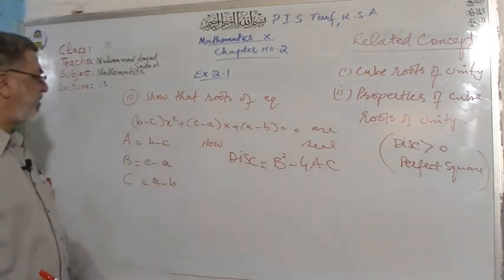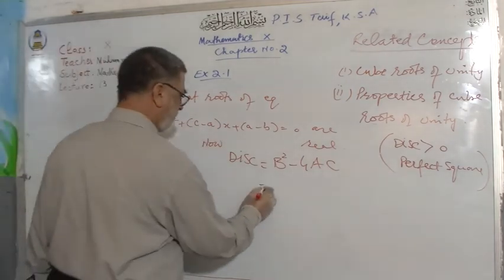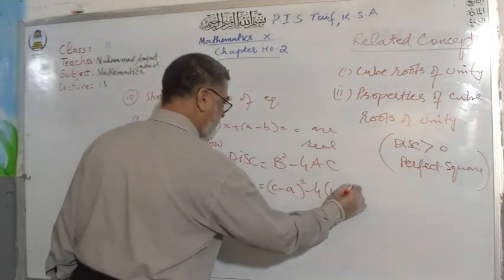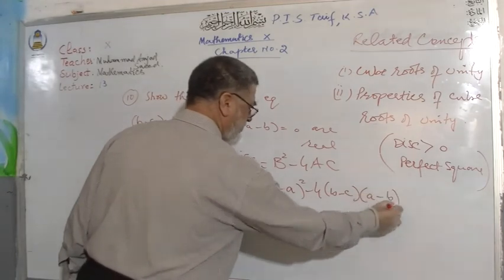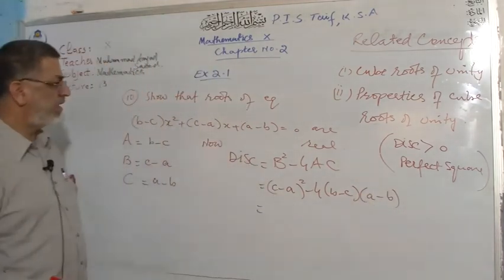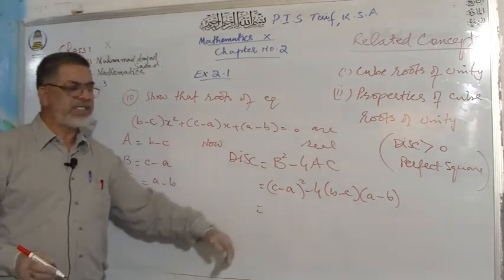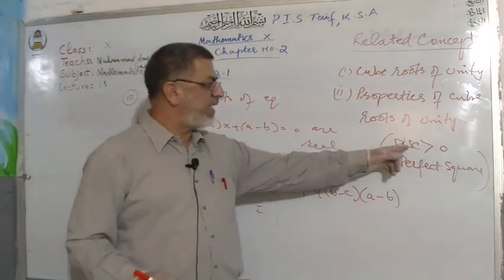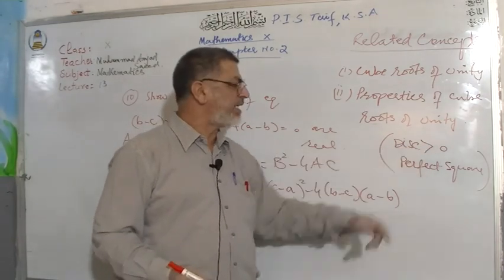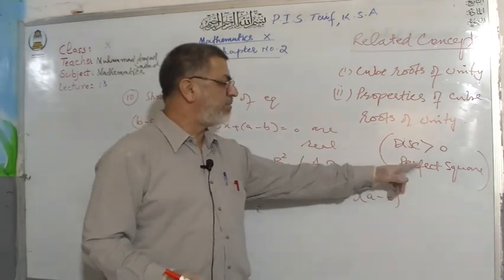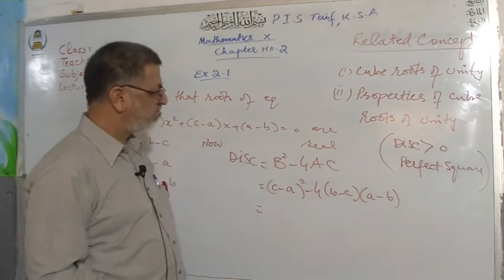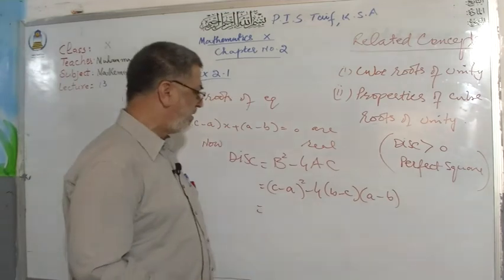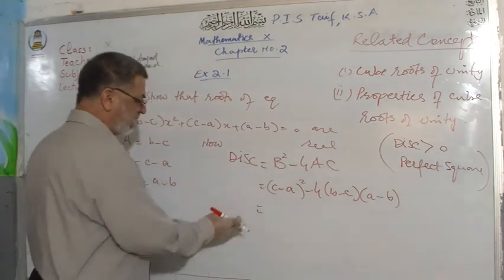By using these values here, c minus a whole square minus 4 into b minus c into a minus b. Remember that after simplifying, disc must be greater than 0 and the answer must be a perfect square. You will get the answer as a perfect square.